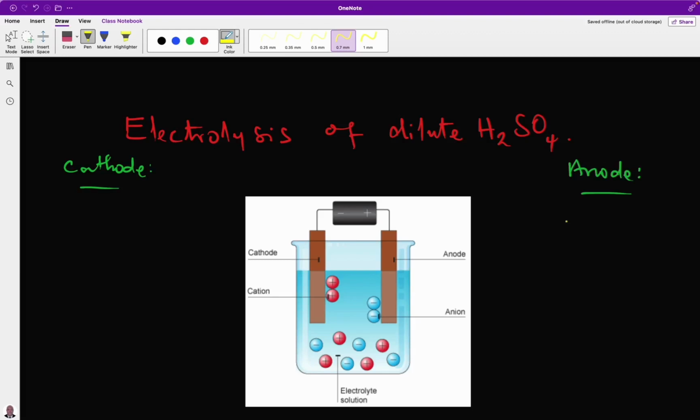The hydrogen ion. The hydrogen ion will go to the cathode, which is negatively charged, and OH will come to the anode, which is positively charged.